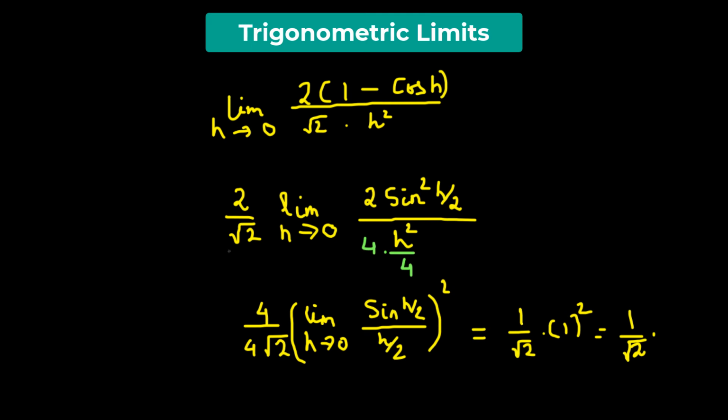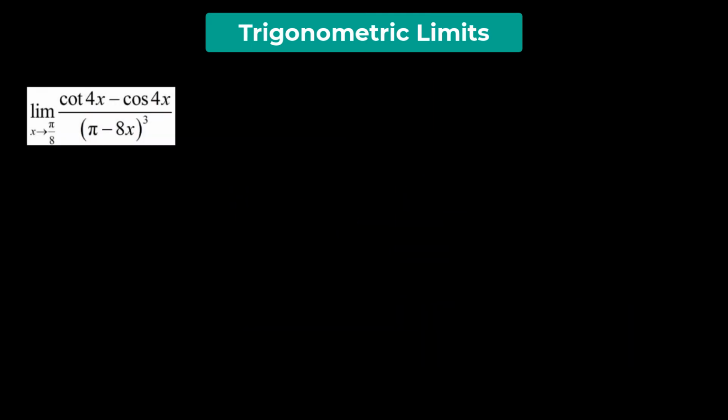Let us do another problem. So here we have the trigonometric function cot of 4x minus cosine of 4x divided by pi minus 8x whole cube. So we need to find the limiting value of this given function when x approaches pi over 8. So let us begin by changing the limits. So we have limit h approaching 0. We have cot of 4 times.